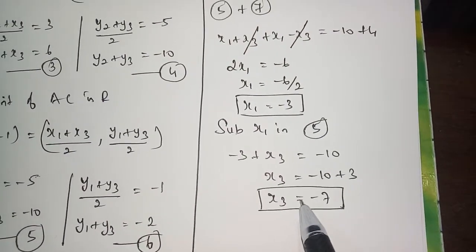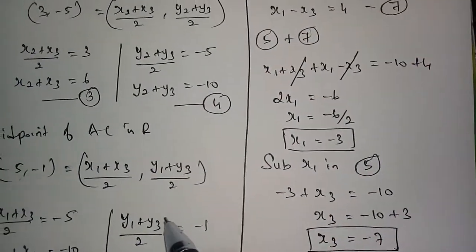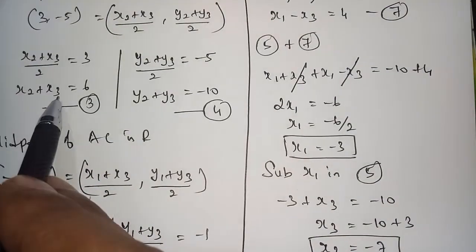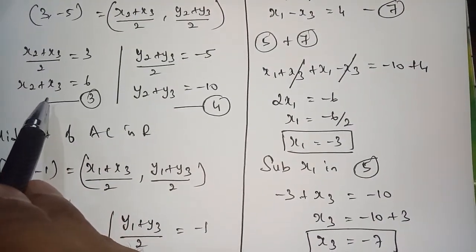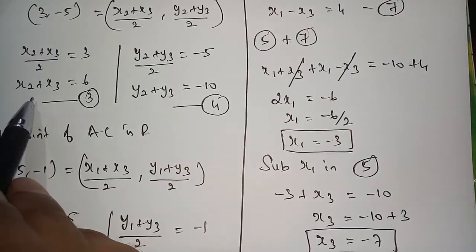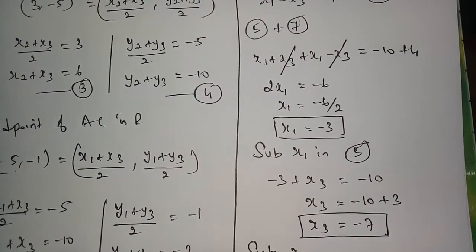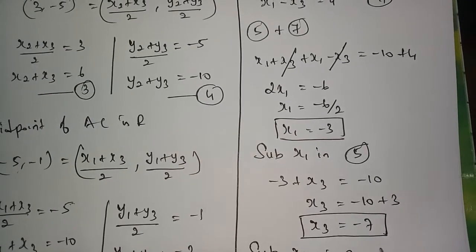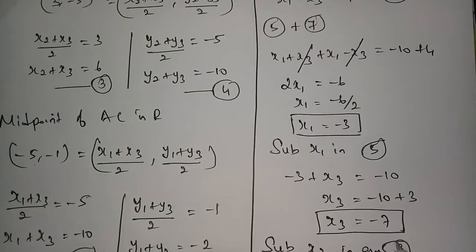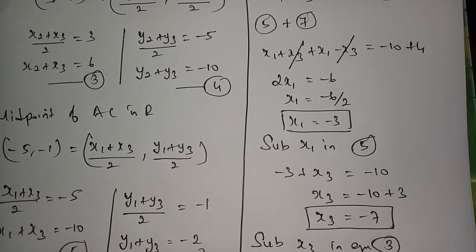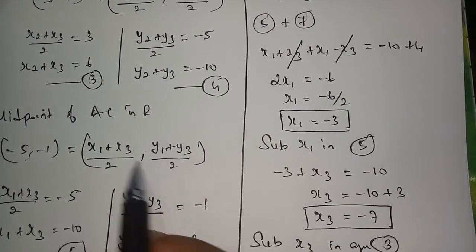Take this x3 or x1 and apply in any one of the equations. So here we have x2 plus x3. That is our wish. So I'll substitute x3 in equation 3. So what we will get is x2 plus x3.